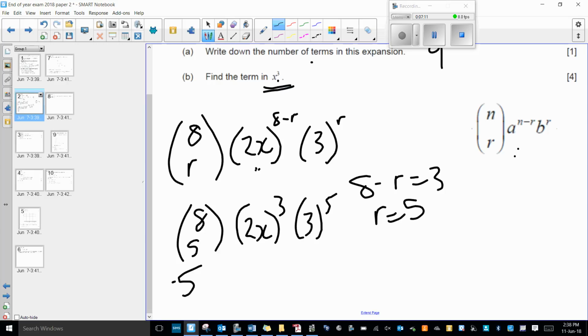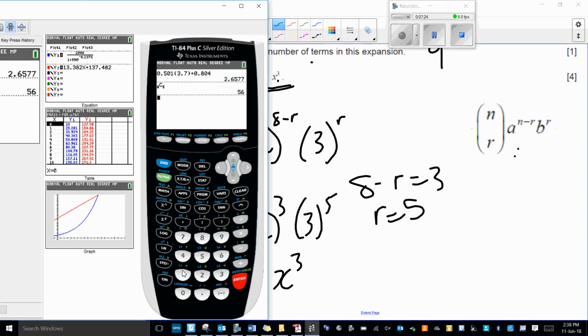These brackets are super important. I said this in paper 1. So here it's 2 cubed, which is 8, and then x cubed, and then 3 to the power 5. Oops, not 5 to the power 5, Miss Harrison.